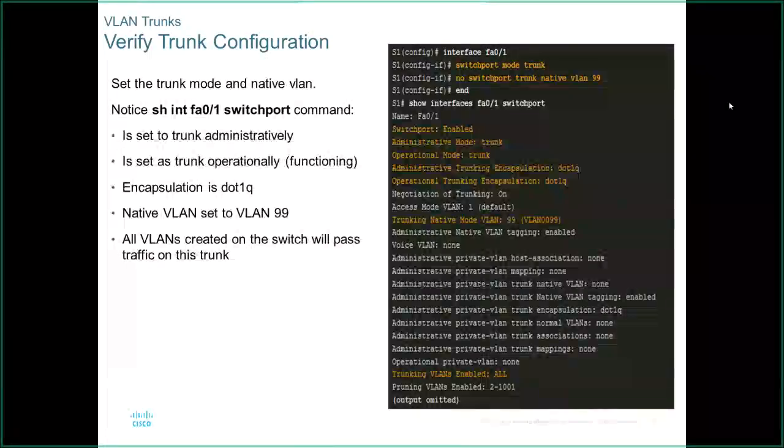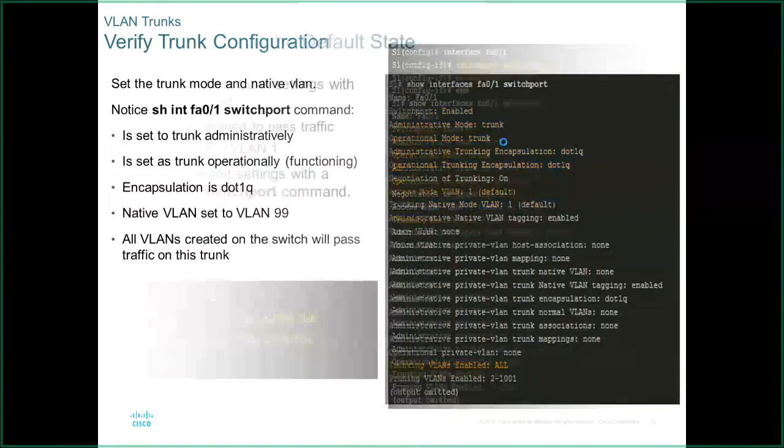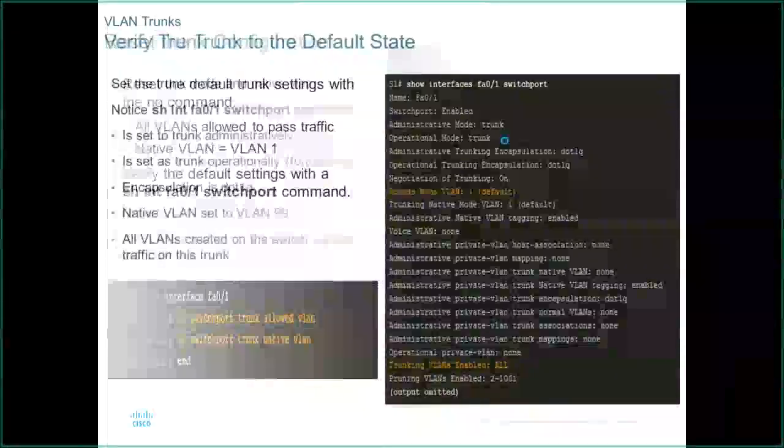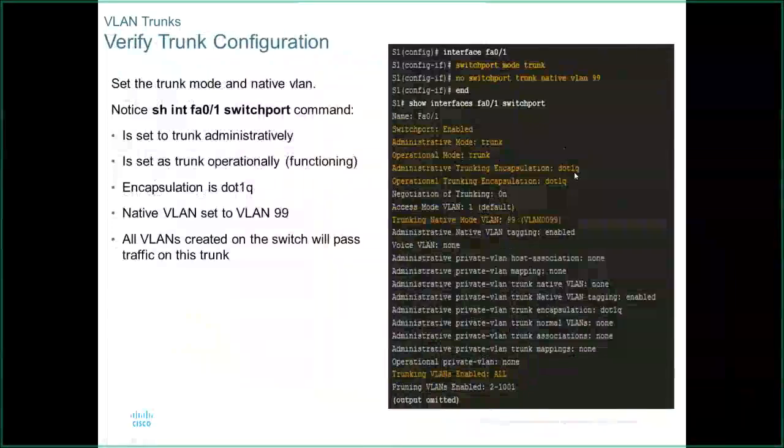In this case, we're saying it's a trunk, it's using 802.1Q encapsulation, and the native VLAN is 99. And down the bottom, trunking VLANs enabled: all.